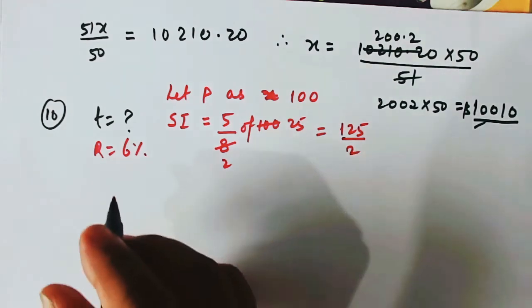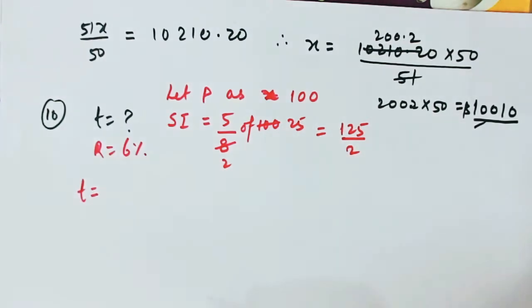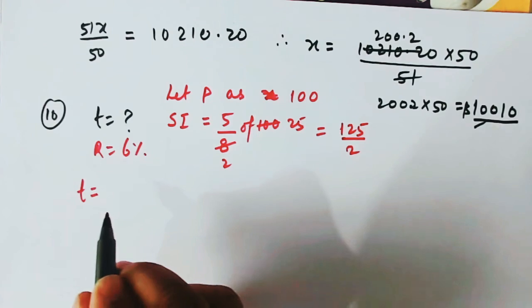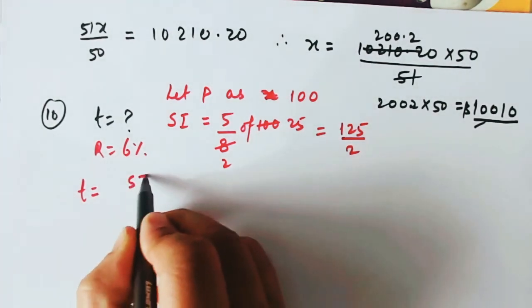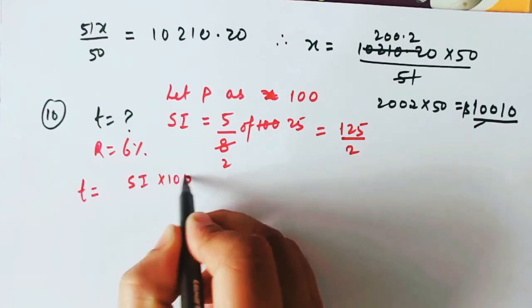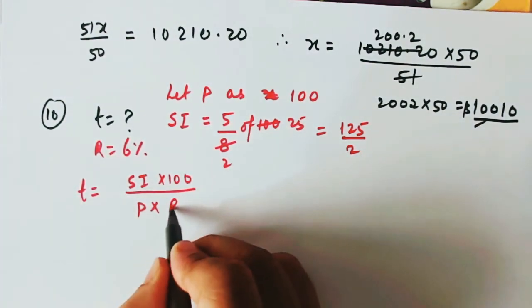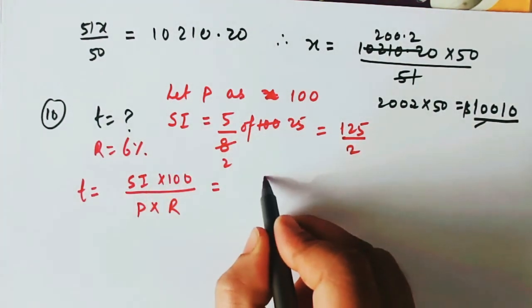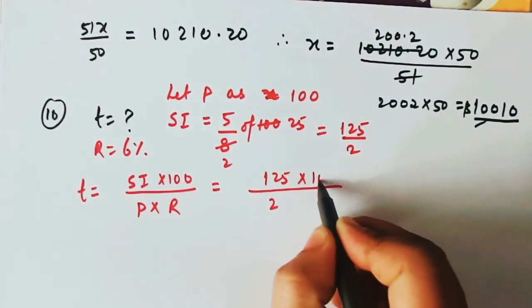Now can you find the time? Time will be equal to SI into 100 by P into R. SI is 125 by 2 into 100.